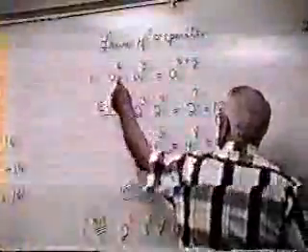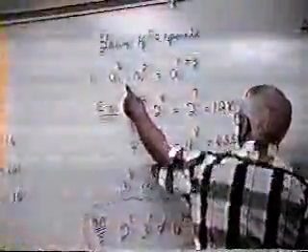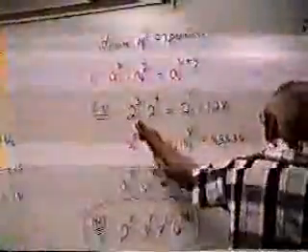You do not multiply the bases together. You simply, if this is the same base for both of these, you simply add the powers. For example, 2 raised to the 3rd power times 2 to the 4th power is 2 to the 7th power. You do not multiply the 2 times the 2. You don't come over and put a 4 here.